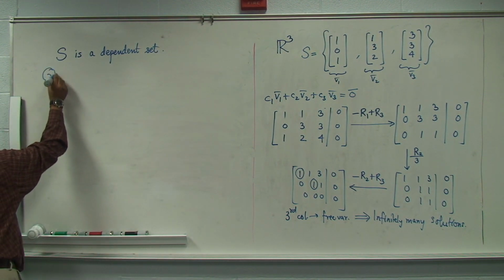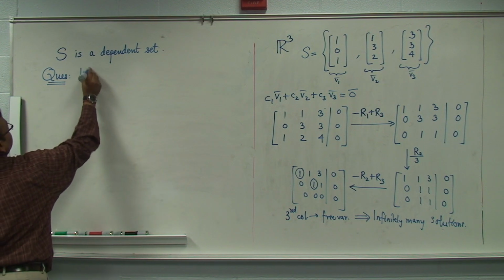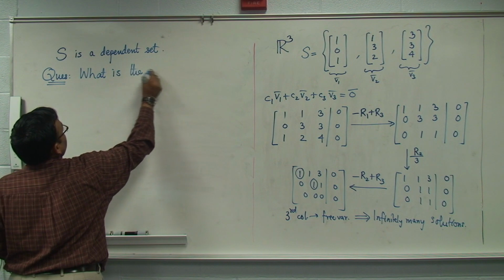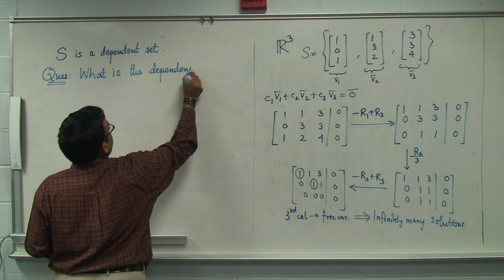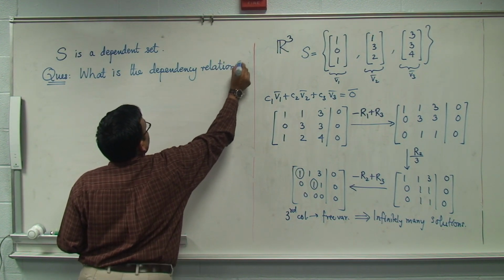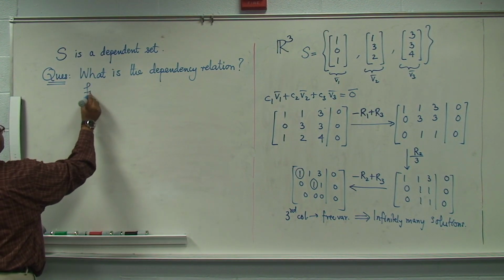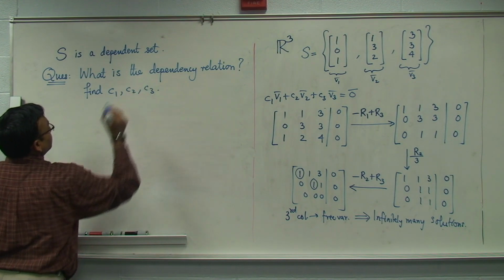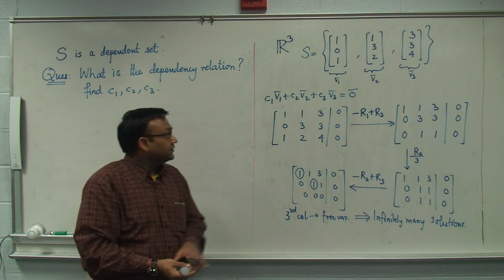So here's another question now that we have answered one question. What is the dependency relation? That means, find me those C1, C2, C3 which will produce me the 0 vector in this particular equation.